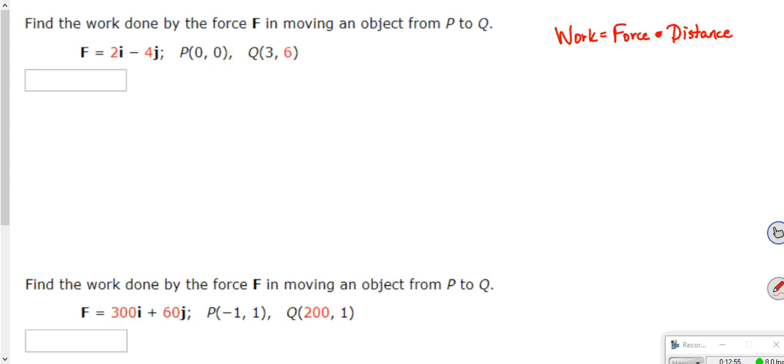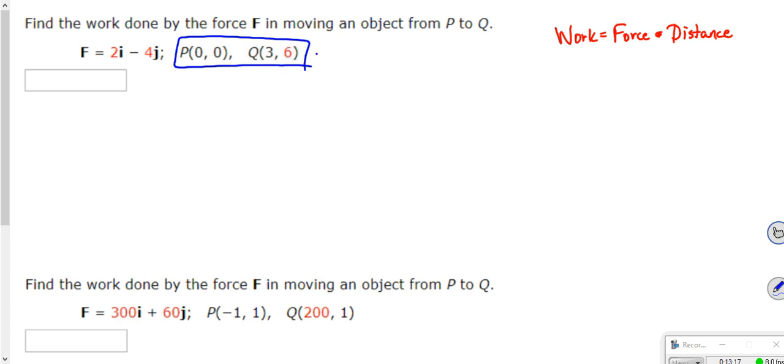When we're talking vectors, again, that's a dot product. Force dot product distance. So distance, here's the deal for distance. We're literally looking at the change in our x position and the change in my y position.